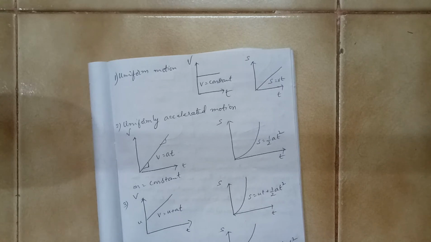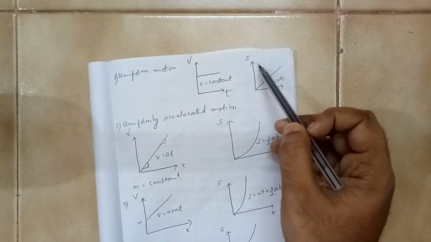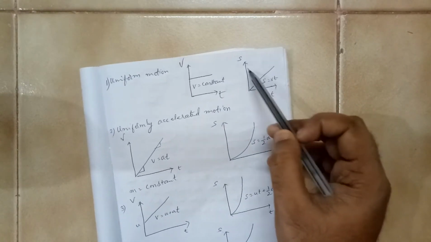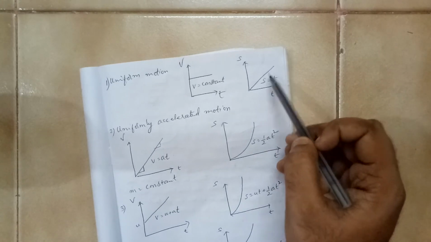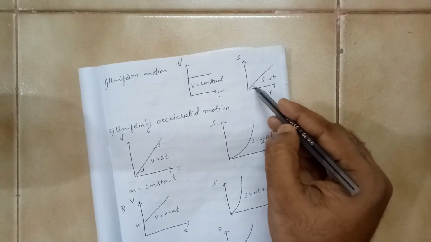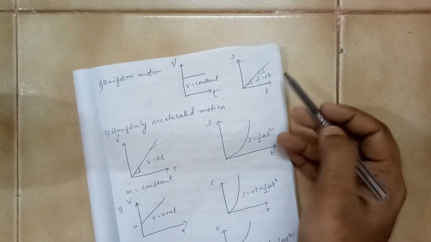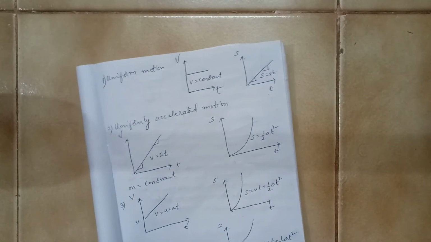Acceleration is 0. If you take the ST graph and find the slope, you get velocity. Is the velocity changing here? No. Because everywhere you find the same slope. So the corresponding VT graph will look like this.